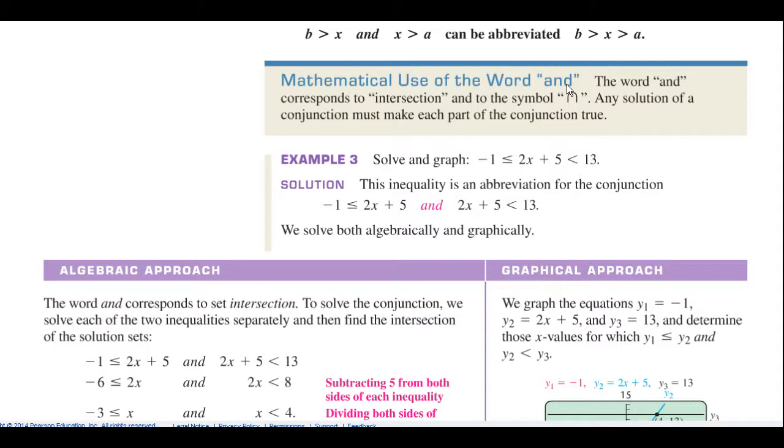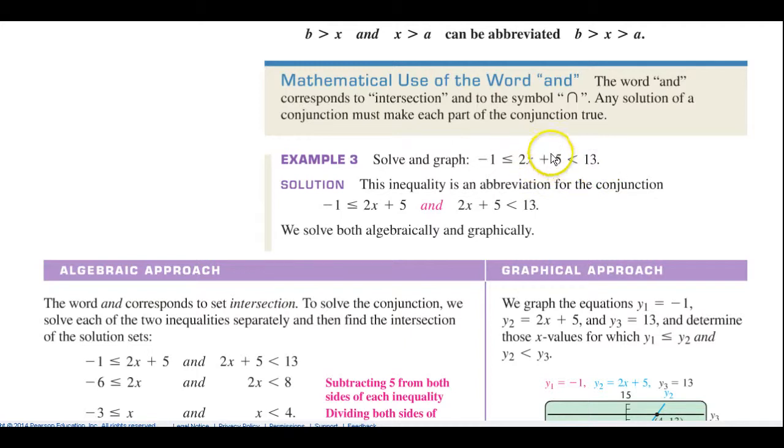Well, in math it has that special meaning of intersection. And you have to note if we're using it as that special meaning. And there's the symbol. So now they're asking us to solve and graph this compound inequality.